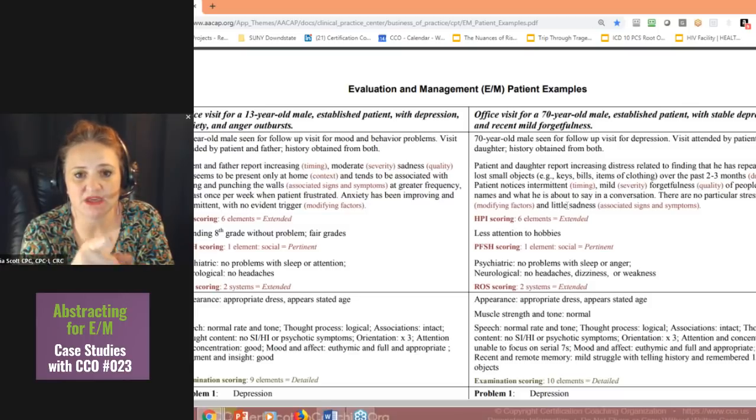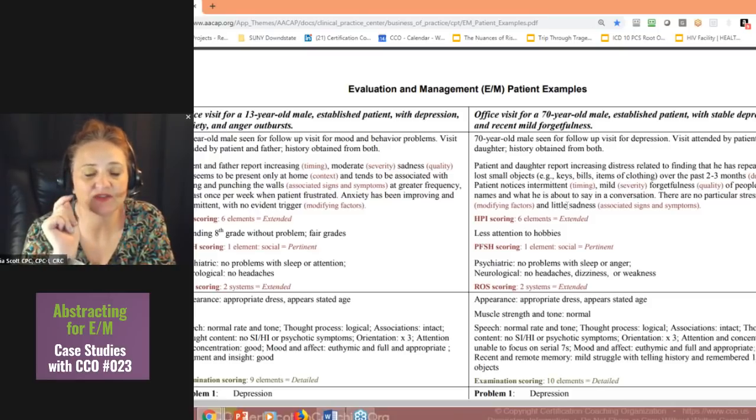We get timing, severity, quality, context, associated signs and symptoms, and then we get modifying factors as well. And timing. They are reporting an increase in moderate sadness. Okay, so that gave us timing, severity, and quality.